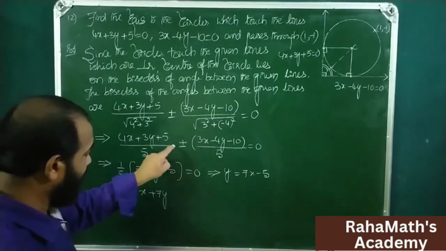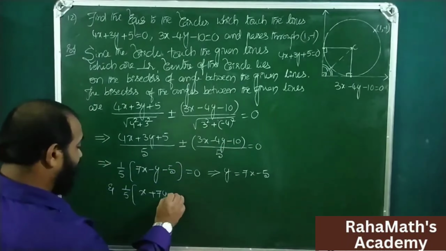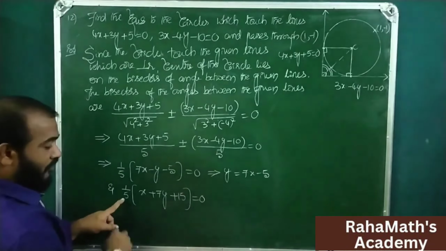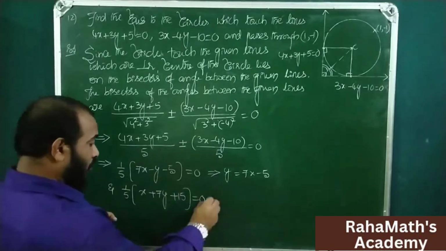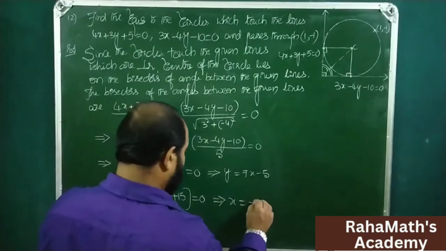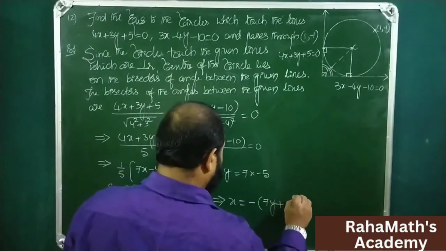Next, 5 minus of minus plus 10, so that is 15 equals 0. So this 5, if you take that side, 0. So from this, x is equal to minus of 7y plus 15.